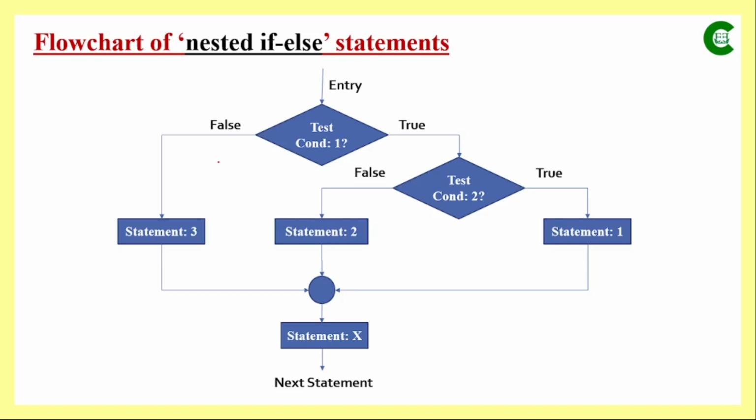Now in this flowchart, which we are already aware of, here we are checking for one condition, and if that condition is true, then we are checking for another condition. So here one thing that we should notice is that if the condition is true, then we are checking for another condition.